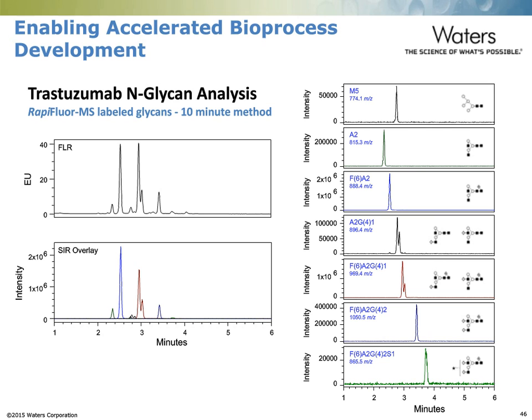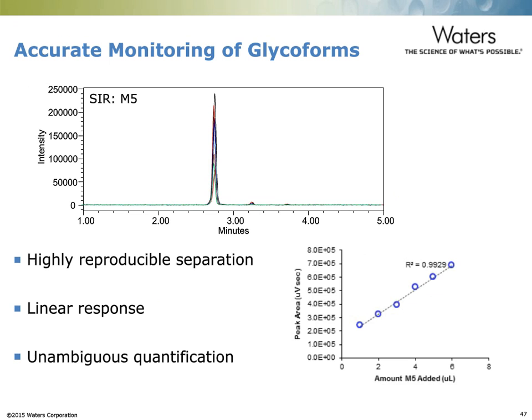In order for that to be of significant benefit, we needed to ensure that the response would be linear. So shown here on this slide are a series of spiked mannose into a pool of IgG-released glycans that have been labeled with RapiFluor-MS. Here you can see as the amount of mannose spiked into the sample increases, we get a correspondingly larger signal on the MS doing the selected ion recording.